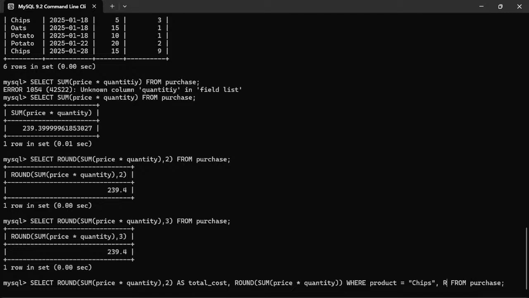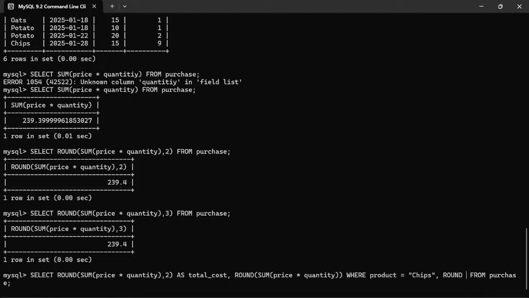Also, if I want to find the average cost, AVG of the price into quantity from here, okay, that's interesting.